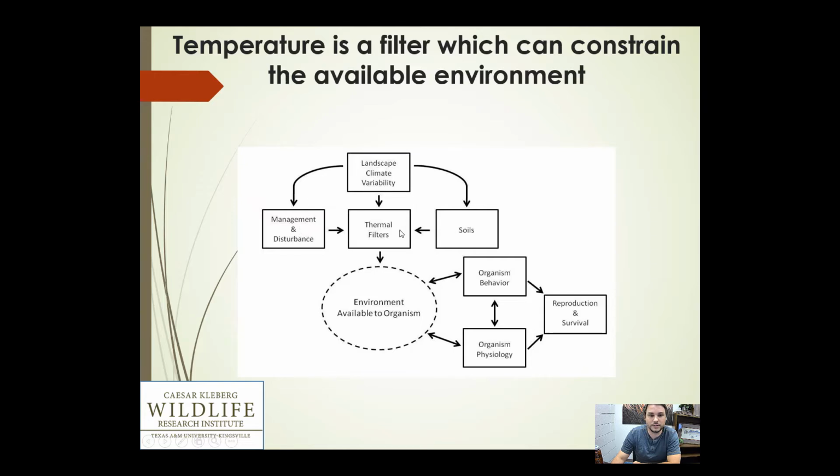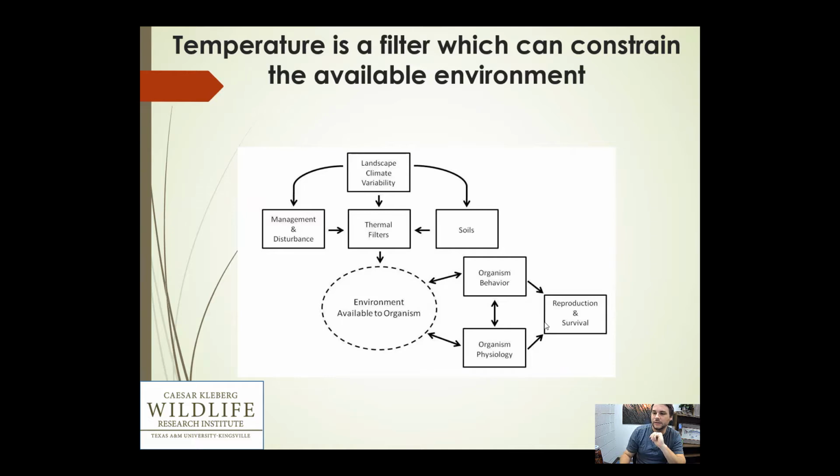These all filter into thermal filters that dictate what environment is available to the organism. And of course, once we have the thermal environment that's available to the organism, we would expect both direct and indirect effects that influence the organism's behavior, physiology, and then ultimately reproduction, survival, and population-level parameters.